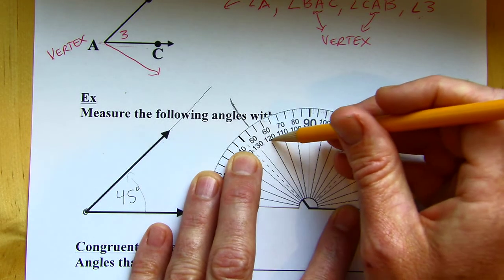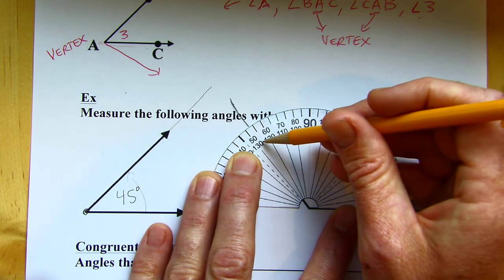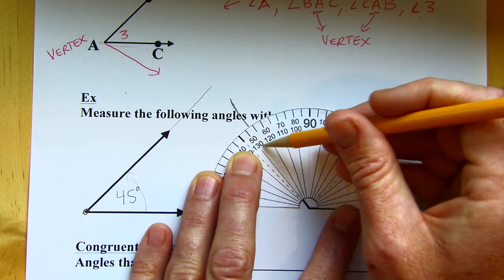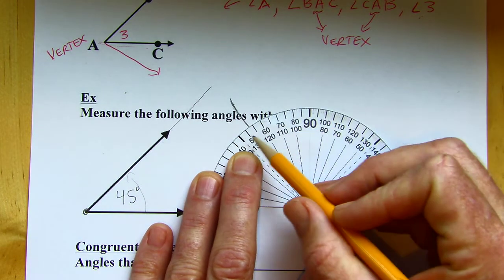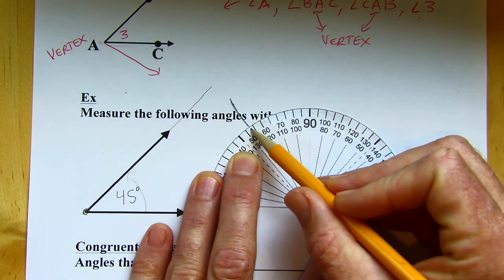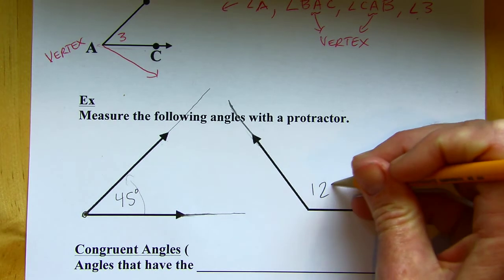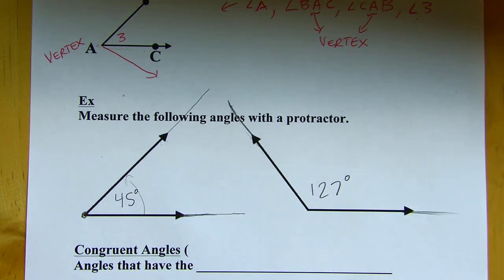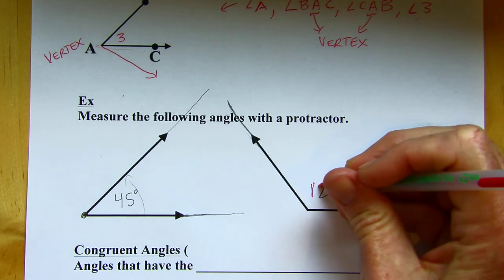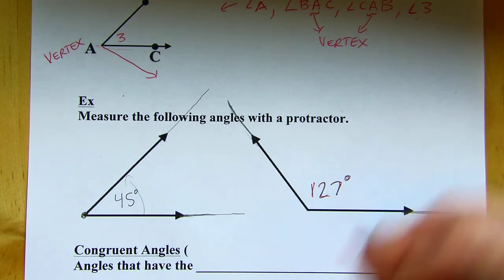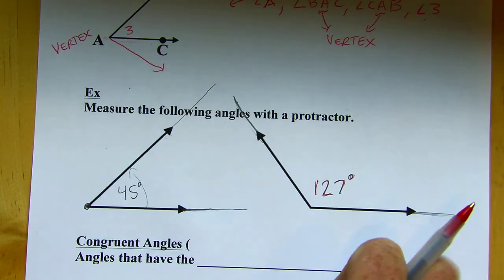And so it's somewhere between 120 and 130. It looks like it's maybe about 127 on mine. It wouldn't make sense for it to be 53 or whatever. So this is 127. It's more than 90 degrees. Okay. All right. So that's how to use a protractor.